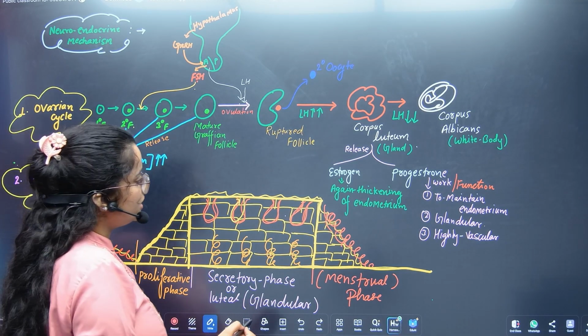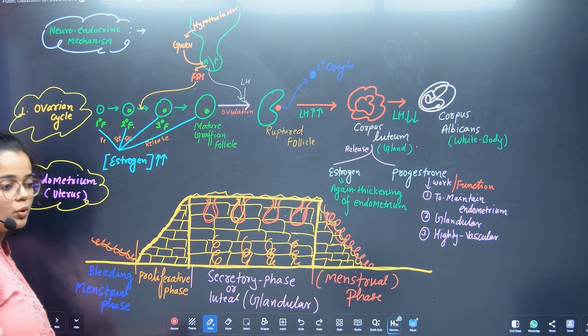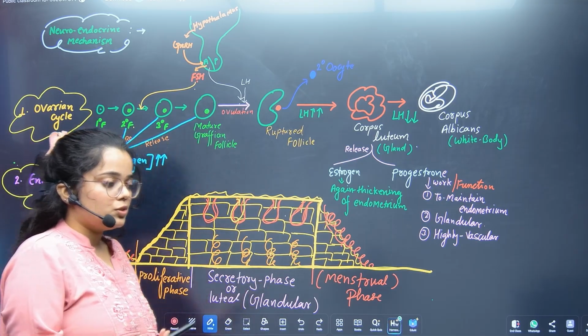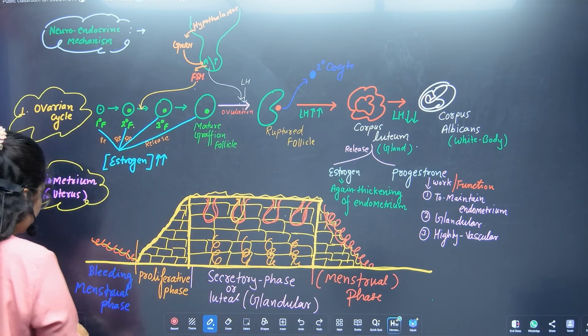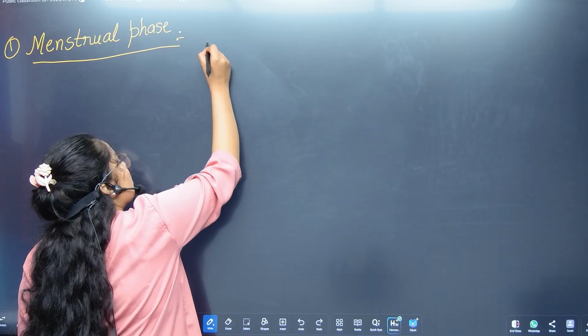As we had seen earlier, at the menstrual phase, the luteinizing hormone, follicle stimulating hormone, estrogen and progesterone all have declined, which leads to the regression of the endometrium.